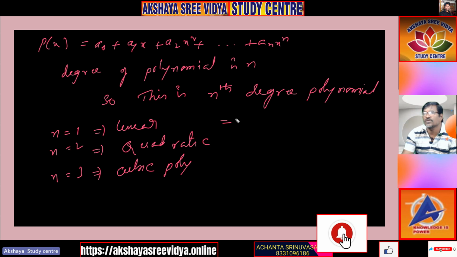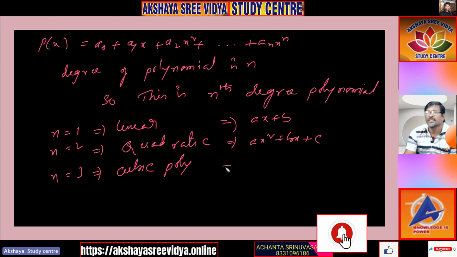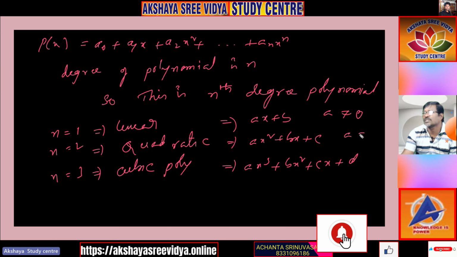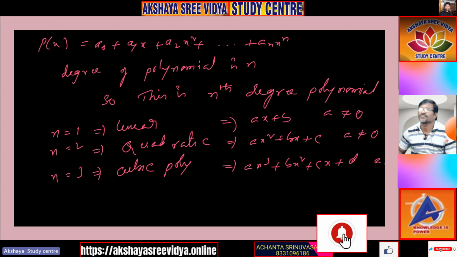The simplest examples: ax plus b, ax square plus bx plus c, ax cubed plus bx square plus cx plus k. Here a is not equal to 0, here also a not equal to 0, here also a not equal to 0. That is the linear, quadratic and cubic.